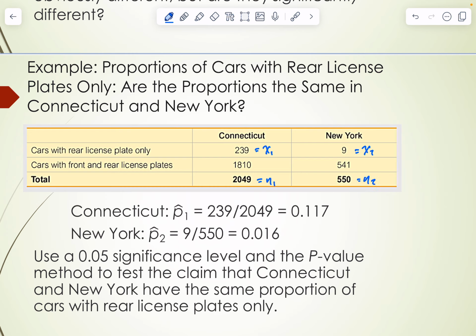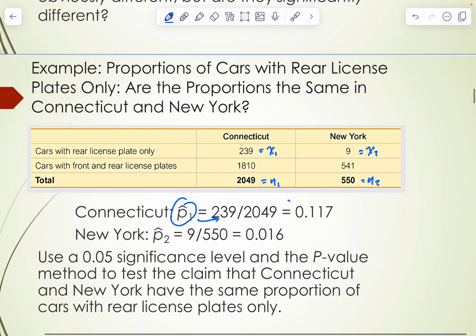This will be N2. Here's P1 hat. That's successes over total, always as a decimal. Don't ever use a percentage when you're doing math in an equation. And this here's P2 hat.